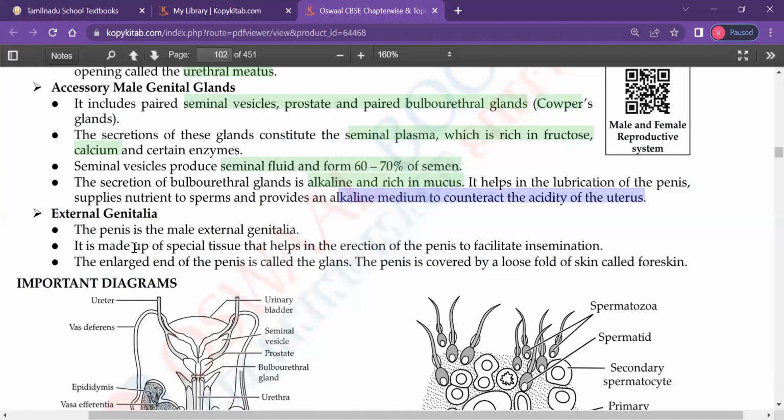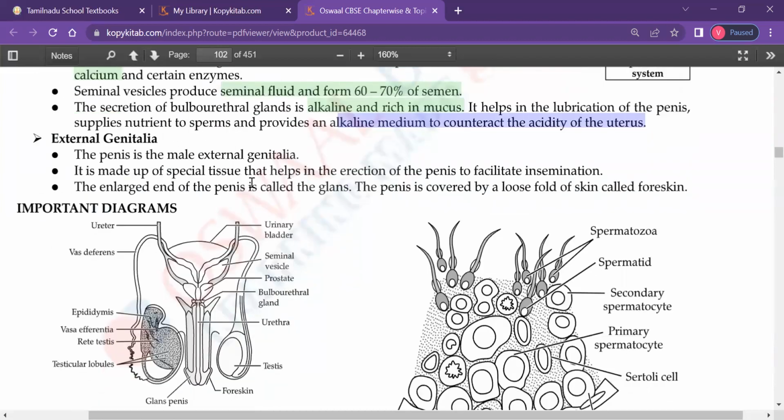External genitalia. The penis is the male external genitalia. It is made up of a special tissue that helps in erection to facilitate insemination. What is insemination? Injection of semen into the female reproductive organ is known as insemination.